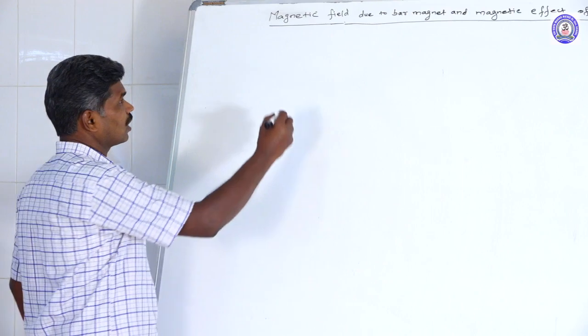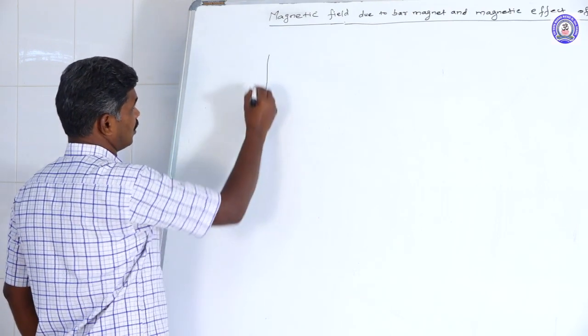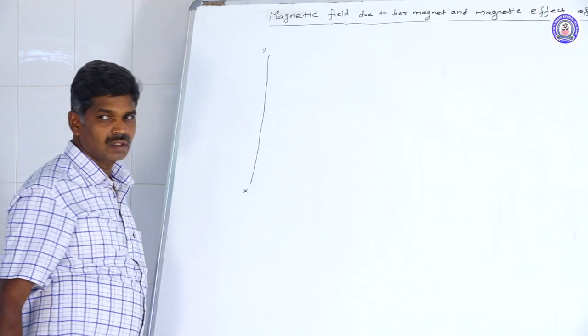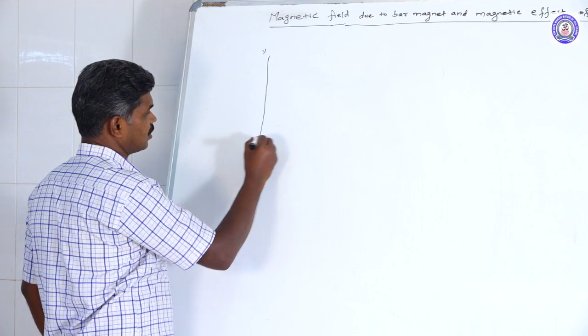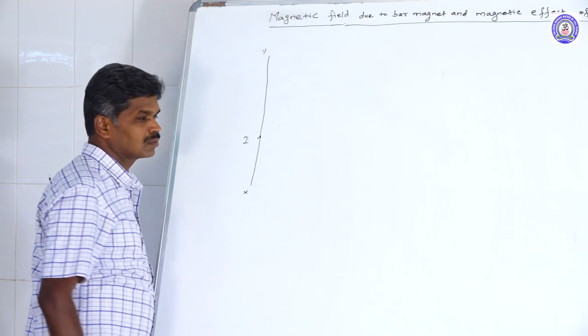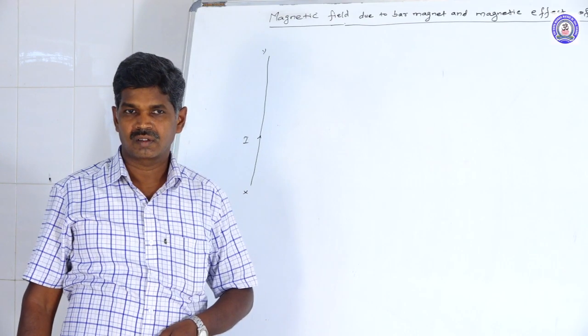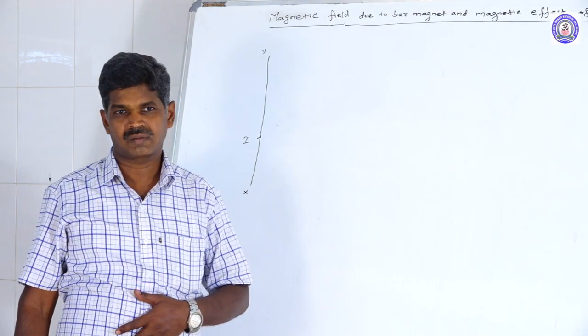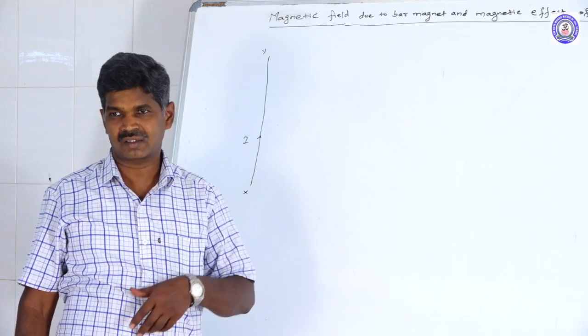Suppose I take a straight conductor, which may be represented as X and Y. Through that conductor we pass the current I. Around the current carrying conductor we have a magnetic field. That magnetic field acts around the conductor in a concentric circular shape.